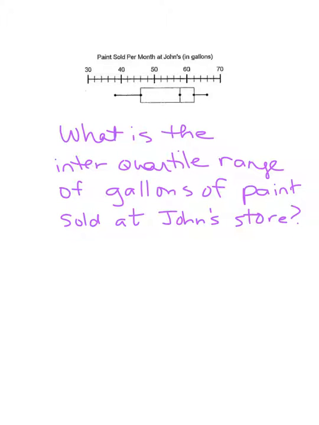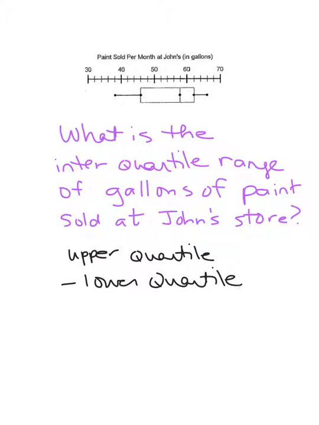In our last question for today, we have another box and whisker, a graph that displays the paint sold per month at John's store in gallons. It says, what is the interquartile range of gallons of paint sold at John's store? Remember, our interquartile range is our upper quartile minus our lower quartile, so that's the part of the box.